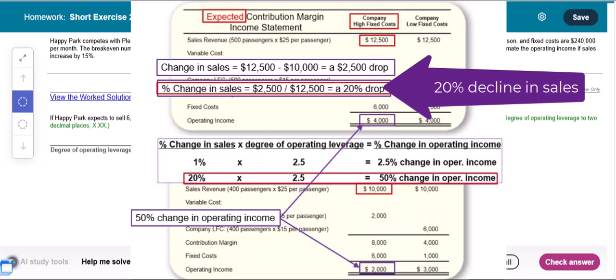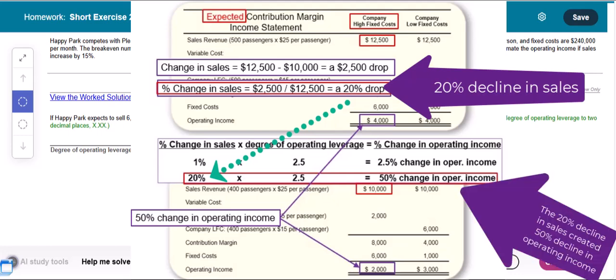So the way we did that is we took the 20% drop in sales, which is right here. We multiplied it by the degree of operating leverage for that company, and that gives us a percentage change in operating income. In this case, a 50% change in operating income, which is pretty big, and that's exactly what's happening.